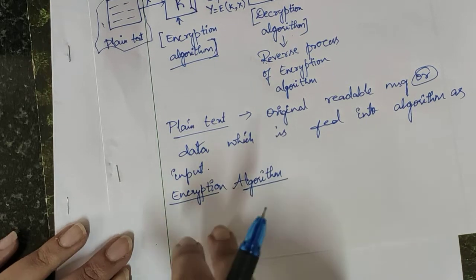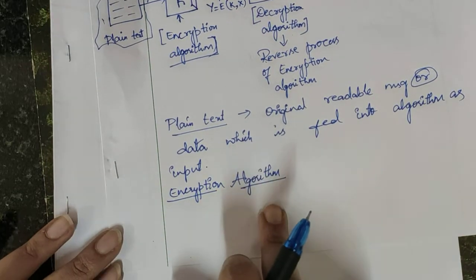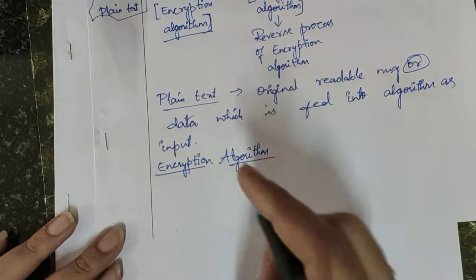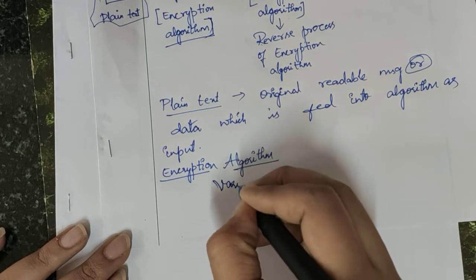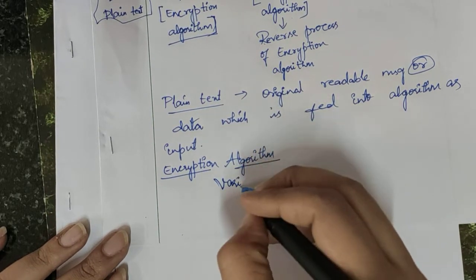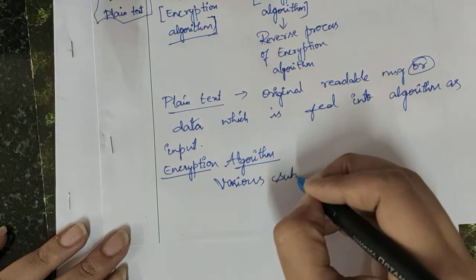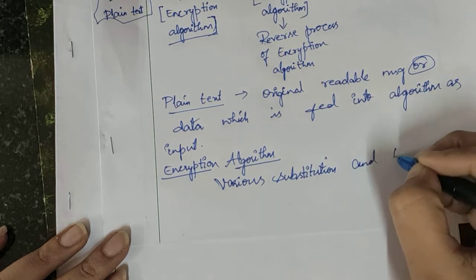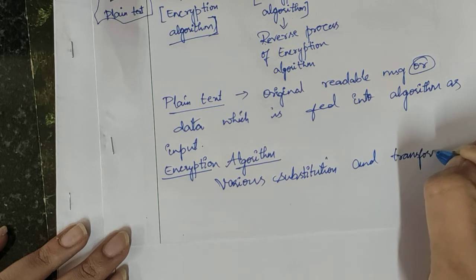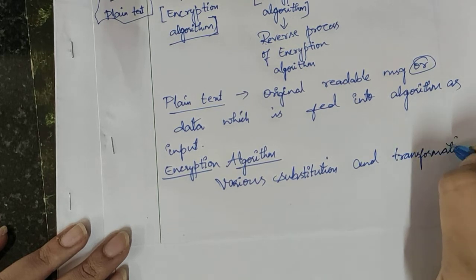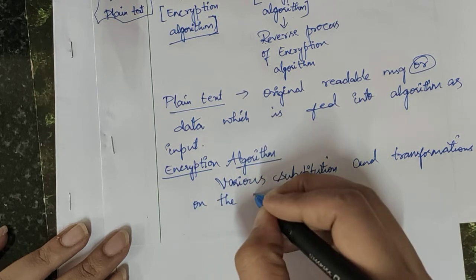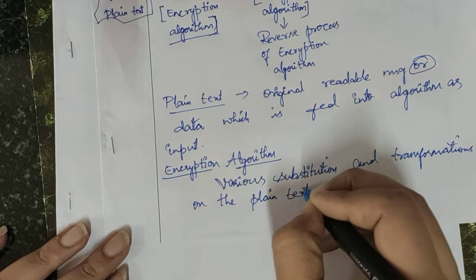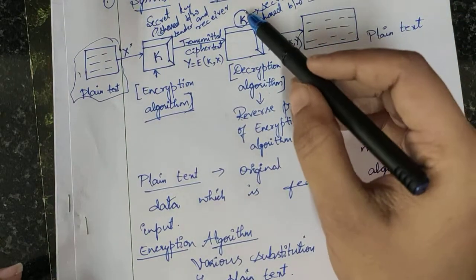Encryption algorithm is nothing but an algorithm which performs various substitutions and transformations on the plain text, right?